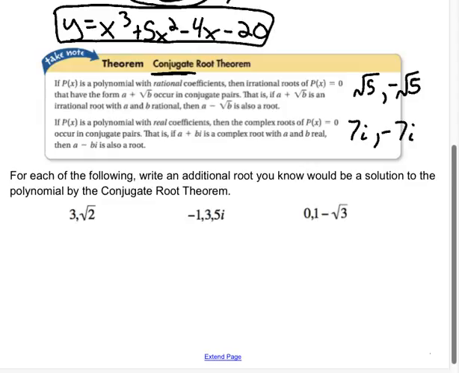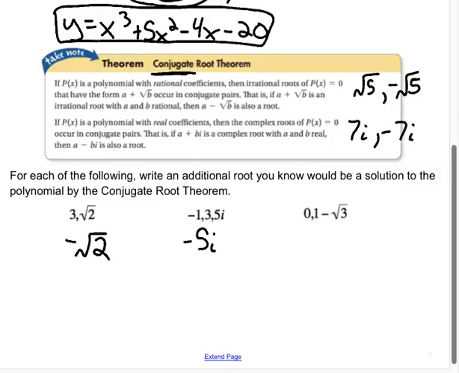So, really quick, let's just run through looking at these solutions right here, 3 and square root of 2. And it says write an additional root that you need. Well, I know I'm also going to need negative square root of 2. Okay, I need its conjugate. I'm going to need negative 5i.